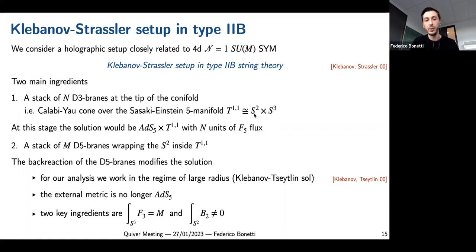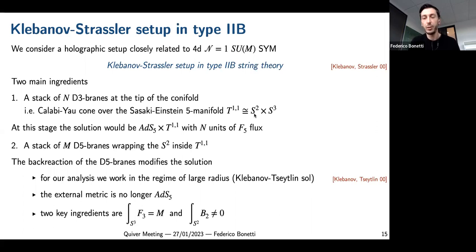And then, of course, more interesting for our purposes, things start to happen when you have fractional branes. So these would be D5s that wrap the S^2. They backreact, they break conformality, and they give a quite complicated but explicitly known solution in Type IIB supergravity.